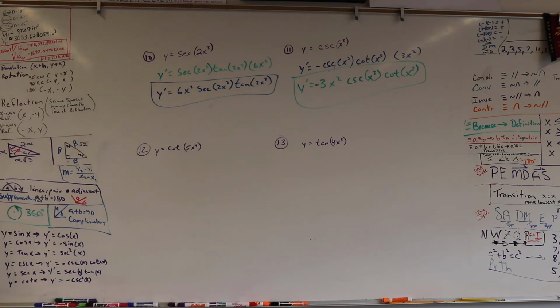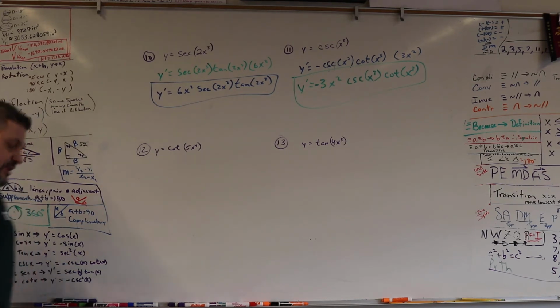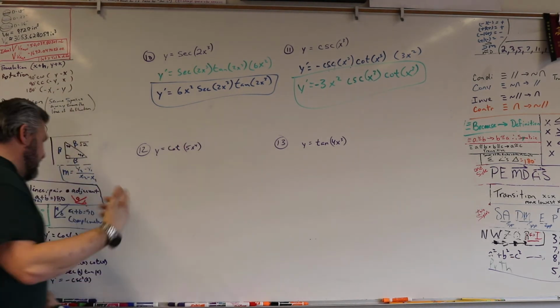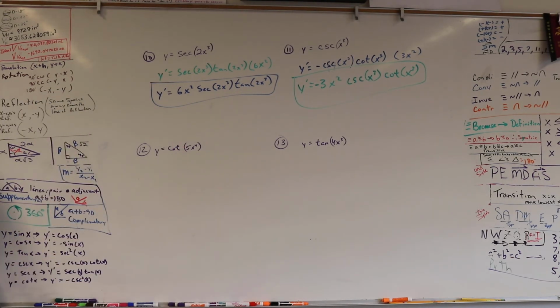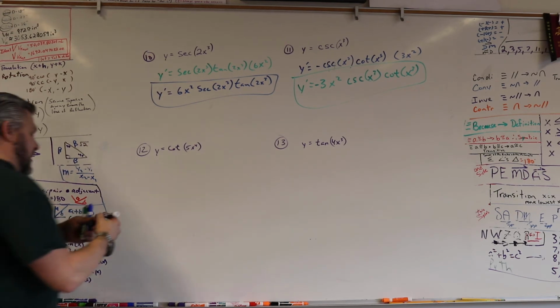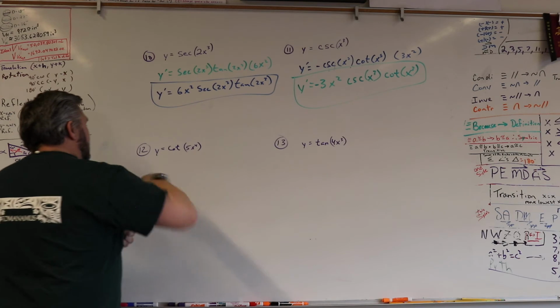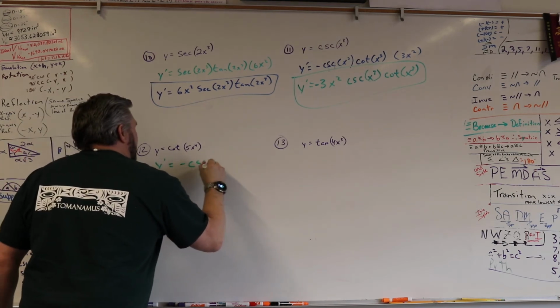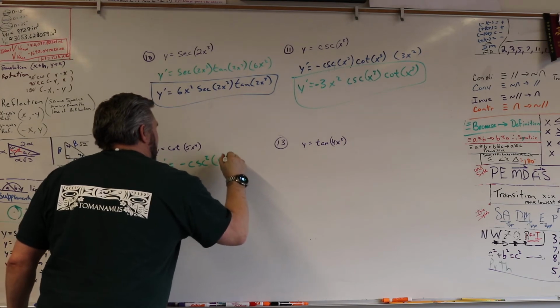All right. So what is the derivative of cotangent? You take a look at your cheat sheet, and you see the derivative of cotangent is negative cosecant squared. So here's one of those squares again. Remember, tangent is secant squared, cotangent is cosecant squared. But it's negative. So we got y prime is equal to negative cosecant squared 5x to the fourth.